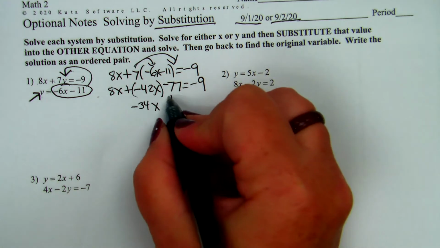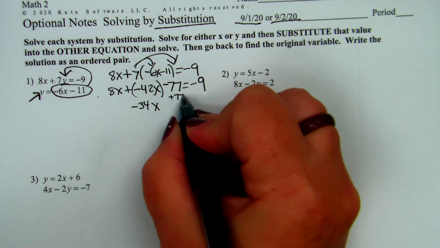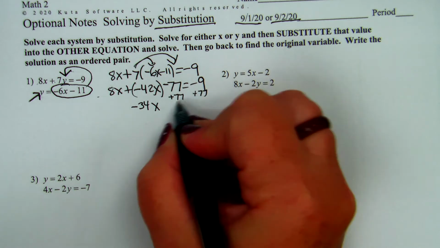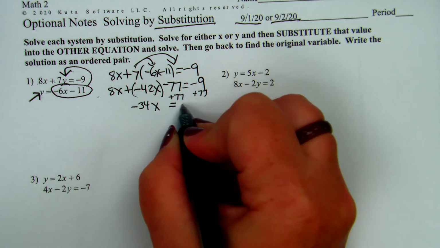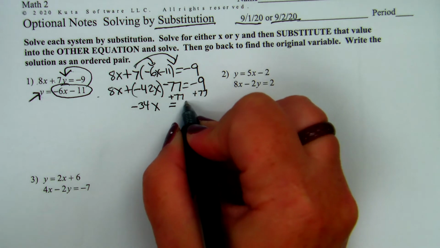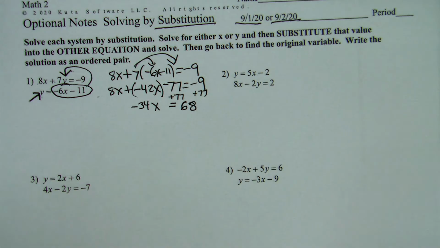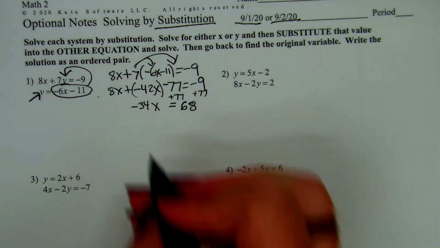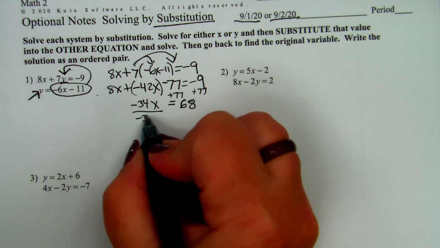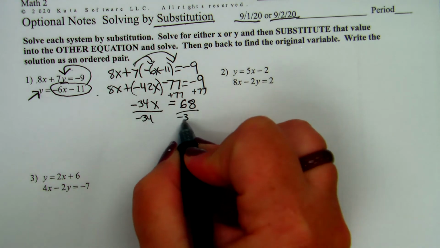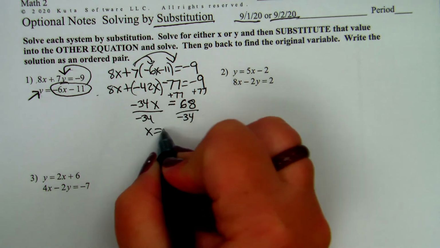Add 77 to both sides and we get 68. 77 minus 9 is 68. And then you divide by negative 34. We get x equals negative 2.